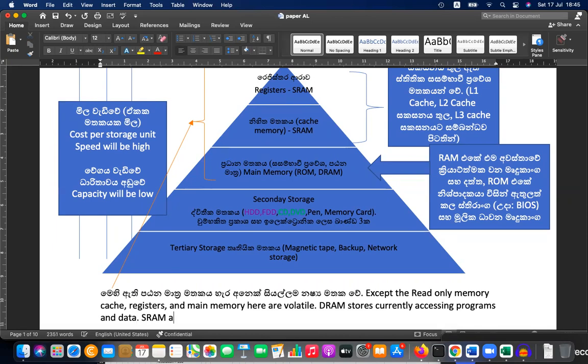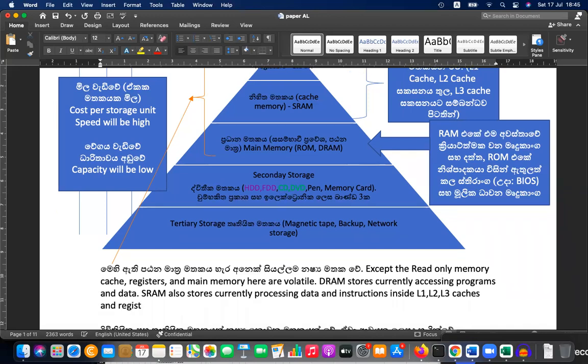SRAM also stores currently processing data and instructions inside L1, L2, L3 caches and registers. SRAM is inside or attached to the processor.